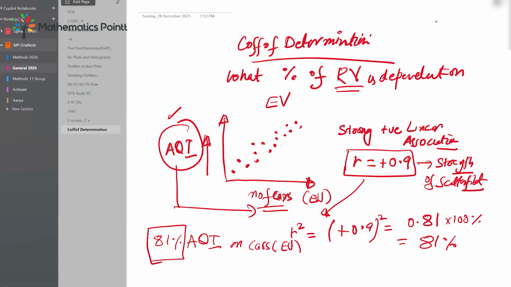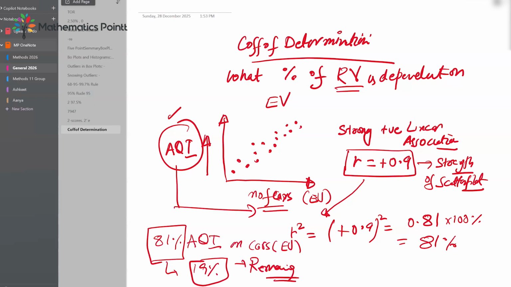Now, the question that you can ask me is, what about the remaining percent? I mean, 100 take away 81 is 19%. So what about this remaining 19%? Where is that gone?